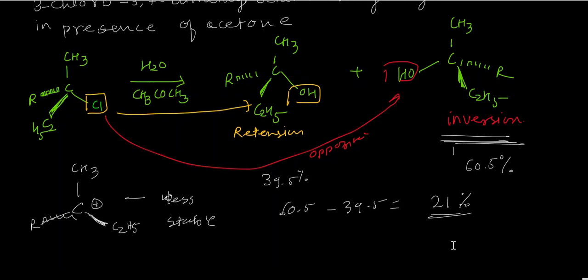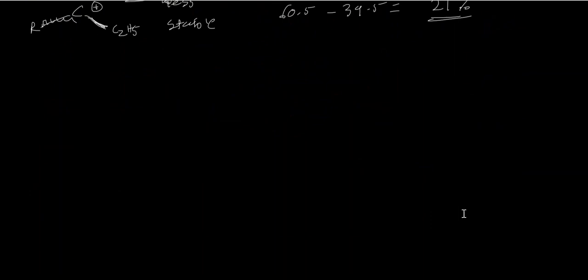Now let us see the second case. If R plus, that means the carbocation, is stable, let us understand what is happening.